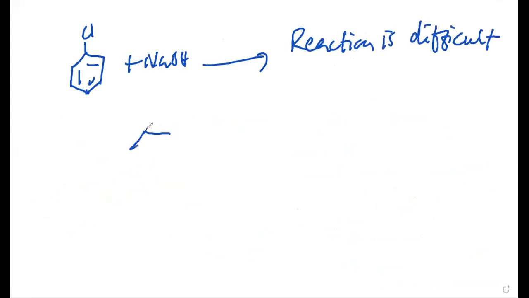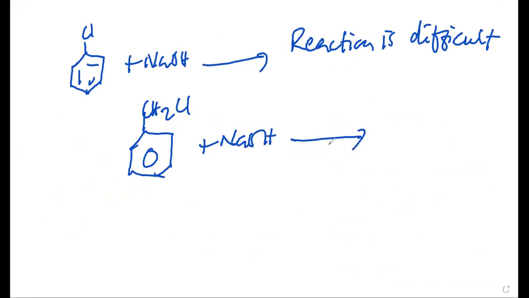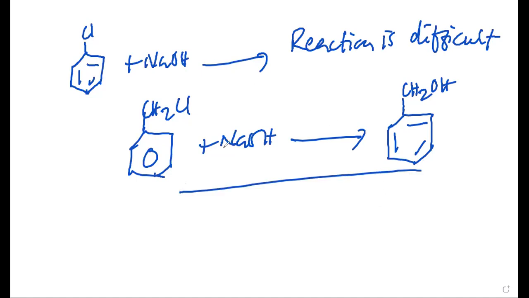But when this benzyl chloride reacts with NaOH, it undergoes hydrolysis and easily gives us benzyl alcohol. And the hydrolysis is easy in this case, but it is difficult for chlorobenzene. So I hope you understood, my dear students.